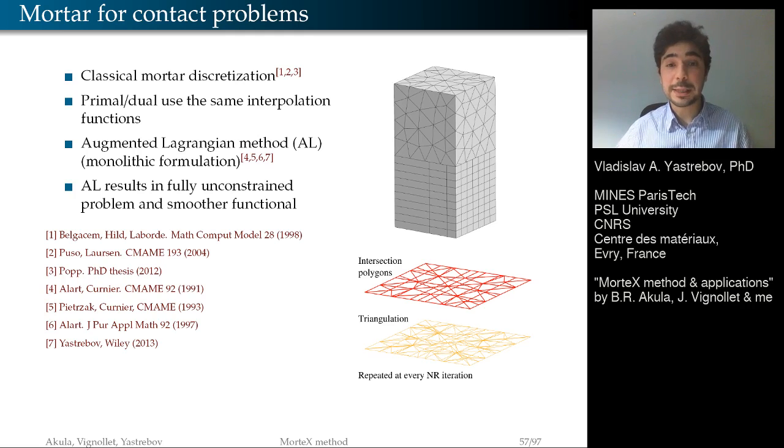And the price is that at every Newton iteration, we need to overlap two contacting meshes, do the clipping of elements and triangulation, in order to obtain accurate evaluation of the Mortar integrals, the contact integrals. So it's a computationally heavy operation, but that's the price that we pay for the accuracy that we obtain with the Mortar method.